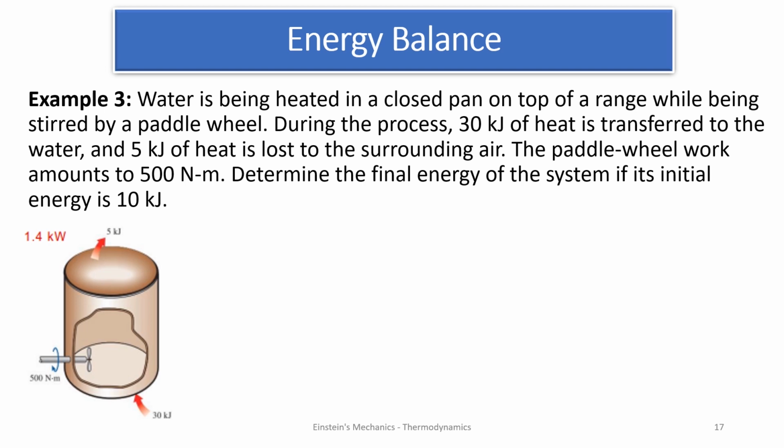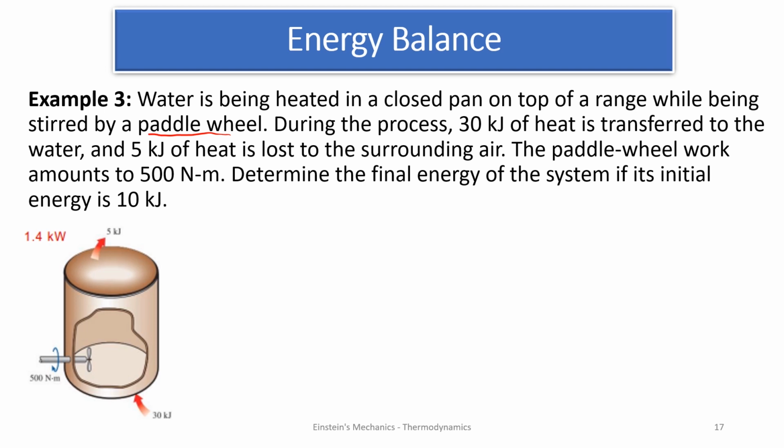Our example 3 is very simple. You see, thermodynamics is very simple. Water is being heated in a closed pan on top of a range while being stirred by a paddle wheel. During the process, 30 kJ of heat is transferred to the water and 5 kJ of heat is lost to the surrounding air.